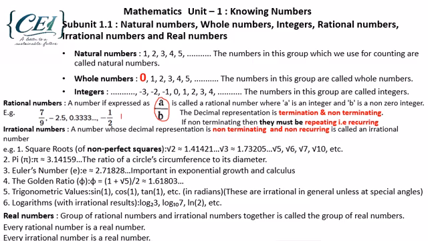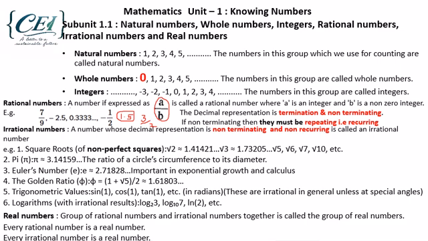So 1.5 is expressed as 3 upon 2, an integer upon an integer. Correct. So we know the rational numbers.